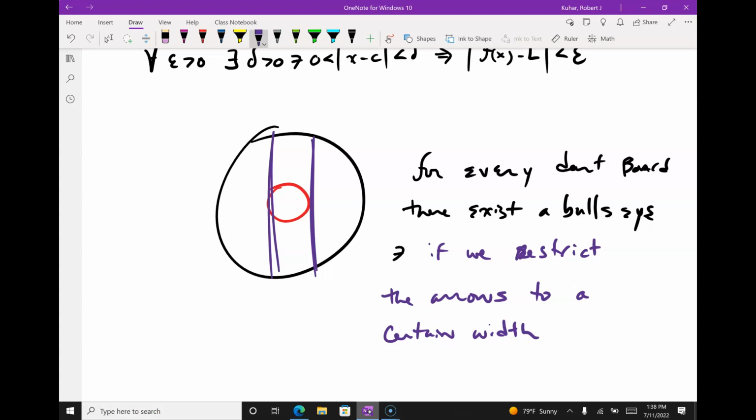So imagine I threw a bunch of arrows, right? Like here, here, here, here, here, here, right? Nothing is allowed to land outside of that.